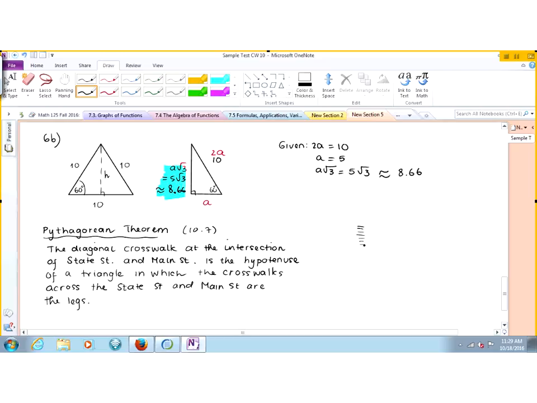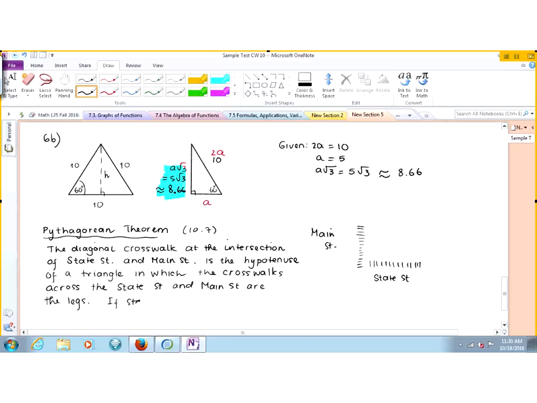So can you imagine, for example, this is the crosswalk. This is State Street, and then the other one is the crosswalk for Main Street. I don't know how to draw crosswalk, but it looks like this. This is State Street, okay, and this one here is Main Street.